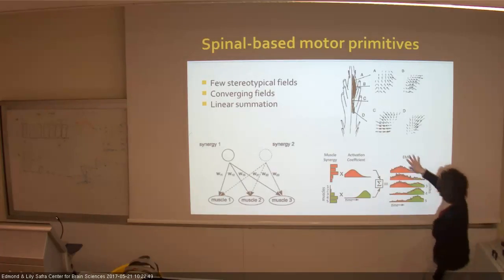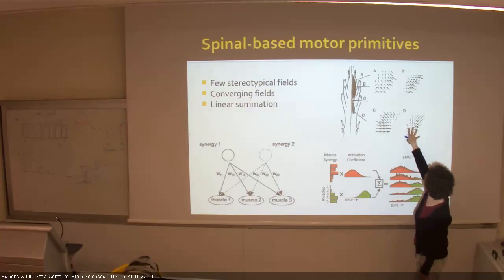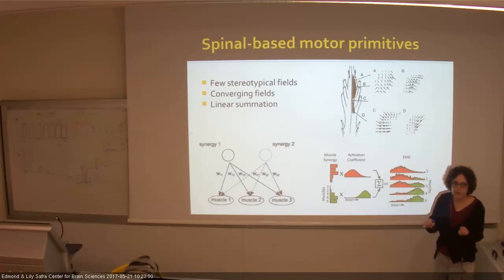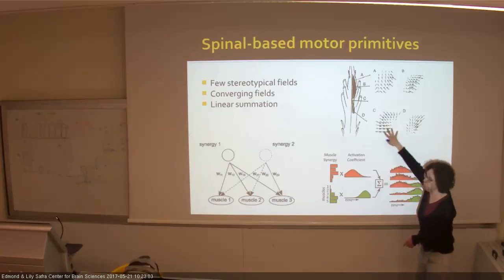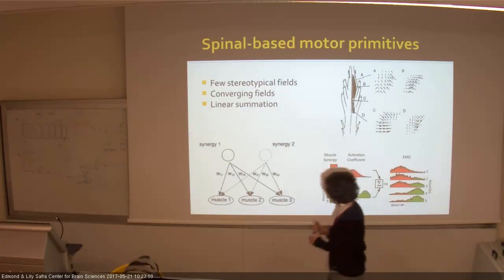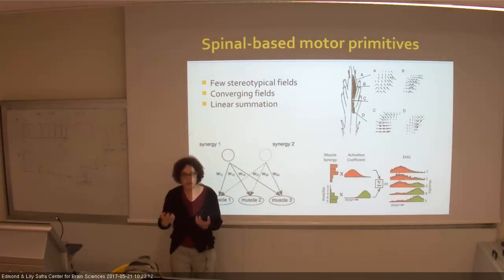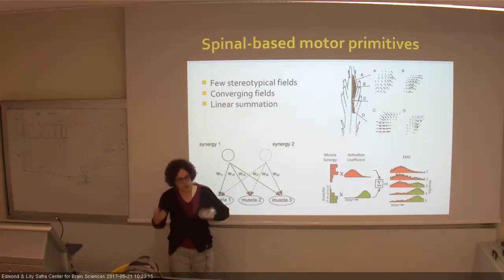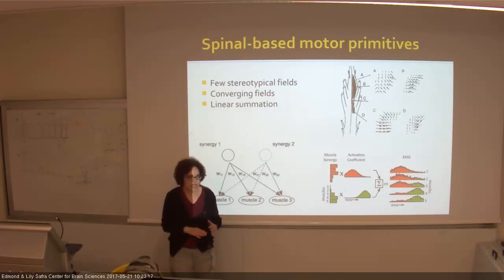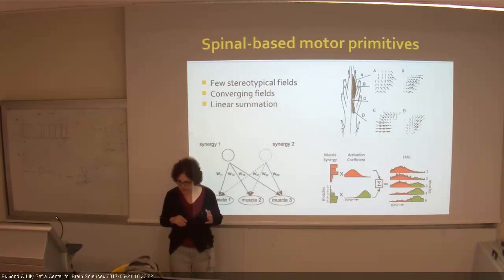You get this field when you stimulate at point C, and this field when you stimulate at point D. Now you stimulate simultaneously at points C and D, and what you get is a linear summation of these two. It's a large set of experiments which I won't really go into, but they suggested that in the spinal cord there are a few motor primitives, and superpositioning these primitives can span the entire spectrum of movements the frog was generating.